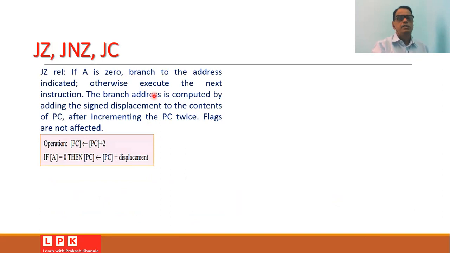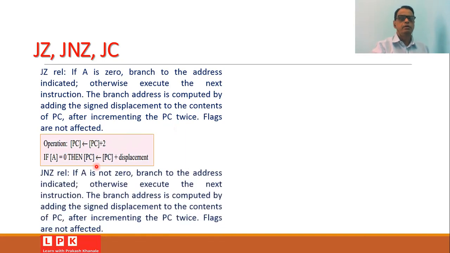The branch address is computed by adding the signed displacement to the content of the PC after incrementing the PC by 2, and flags are not affected. So whenever we execute this instruction, the content of the program counter is incremented by 2, and the content of A is checked with 0. If it is 0, then the content of the program counter will be changed by computing the relative address.